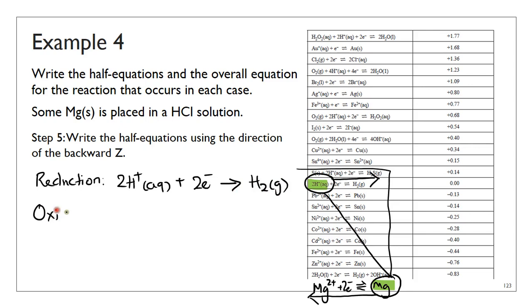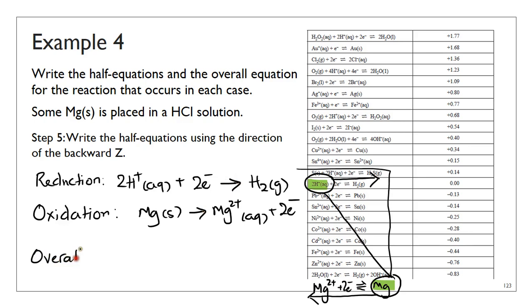And the oxidation, I'm going to follow the direction of the arrow as well. So you actually start from the right, magnesium. It's going to go to Mg2+ and 2 electrons. So you essentially reverse this equation so that you can reflect oxidation. And again, there should only be one single arrow in the actual answer.